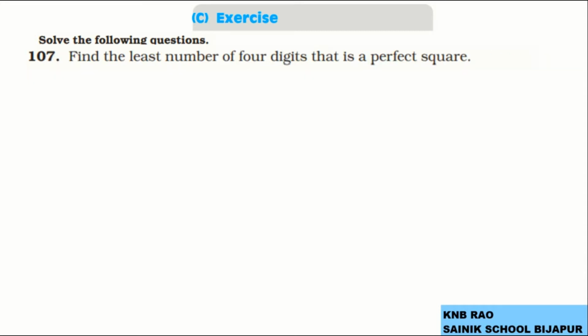Now coming to the next question. In question number 107, find the least number of 4 digits that is a perfect square. Here, first of all, what is the smallest 4 digit number?